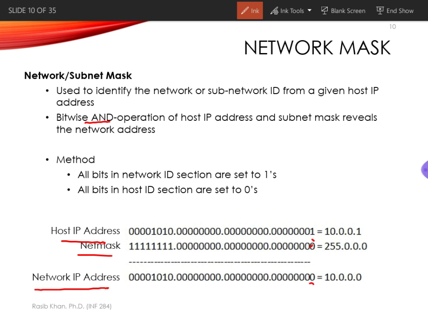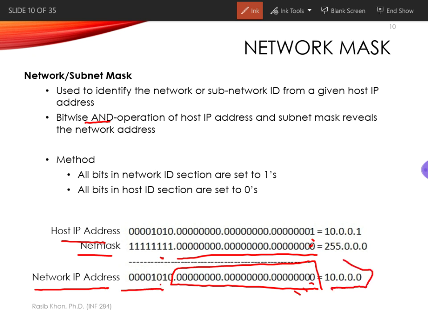Everything with zeros will become zeros here, and the ones which have 1 and 1 will remain 1. And if we convert it, it will come to 10.0.0.0. And this is our network IP address.